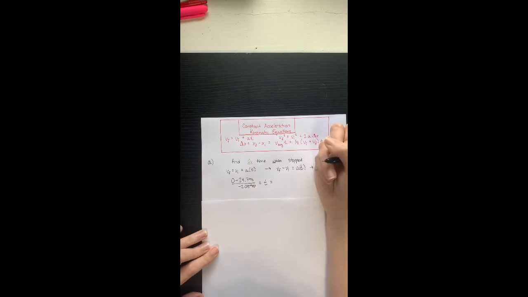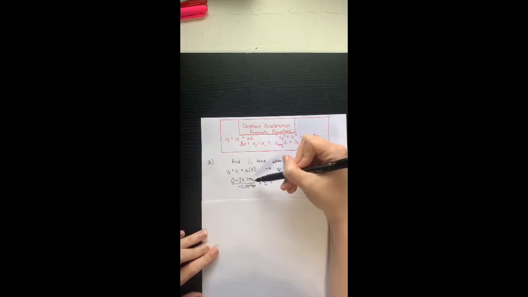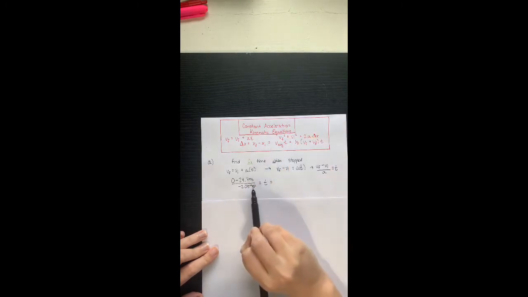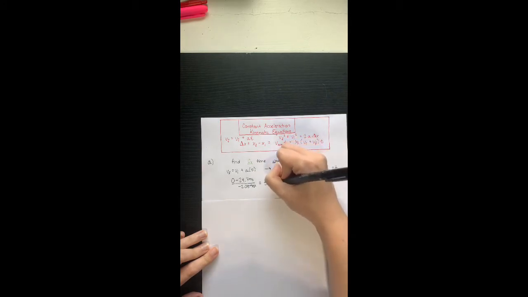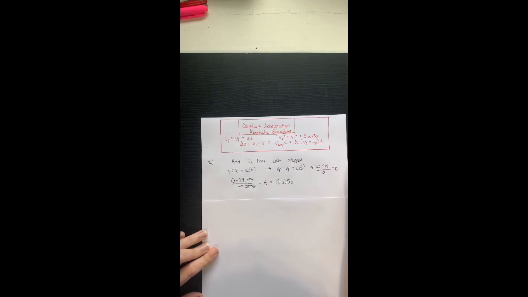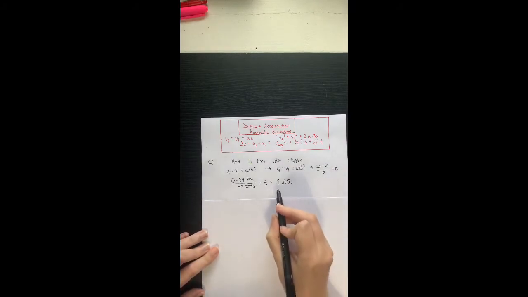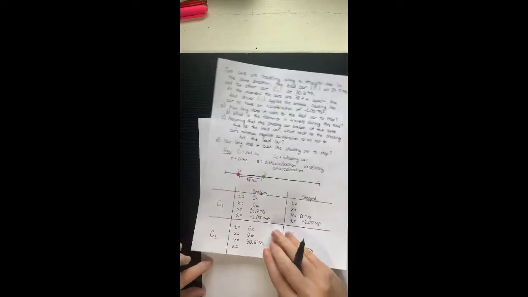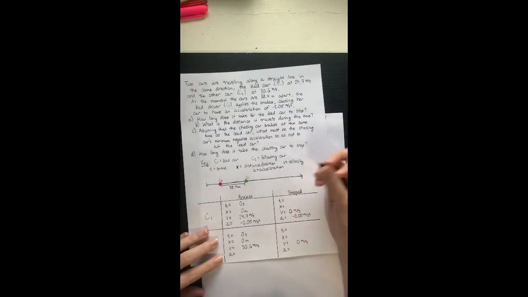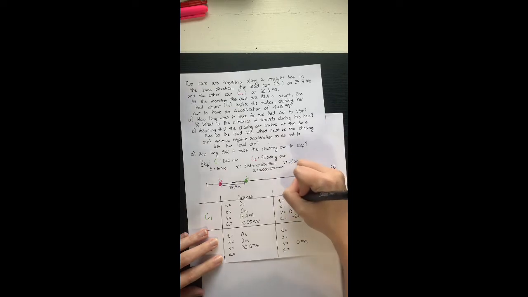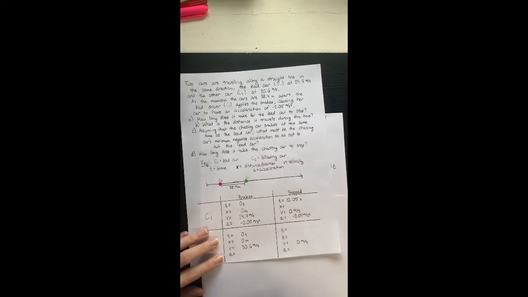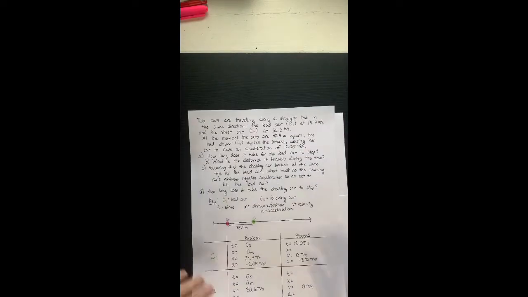When you calculate this out, the meters cancel and 2 of the seconds cancel, so you're left with 1 second unit, and it equals 12.05 seconds. Part A is done. Now that we have this time, it's our final time, so you can write it in right here, 12.05 seconds.